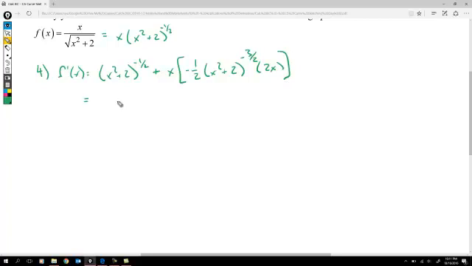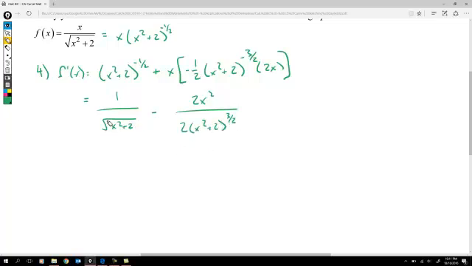Let's combine these. So I have 1 over the square root of x squared plus 2, minus 2x squared on top, since 2x times x is 2x squared, and a 2 on bottom, and x squared plus 2 to the 3/2 on bottom.